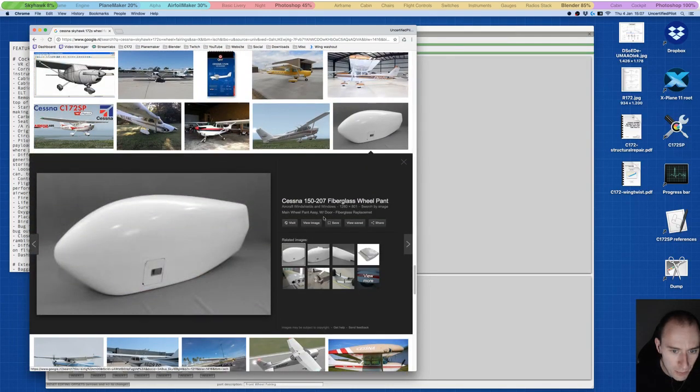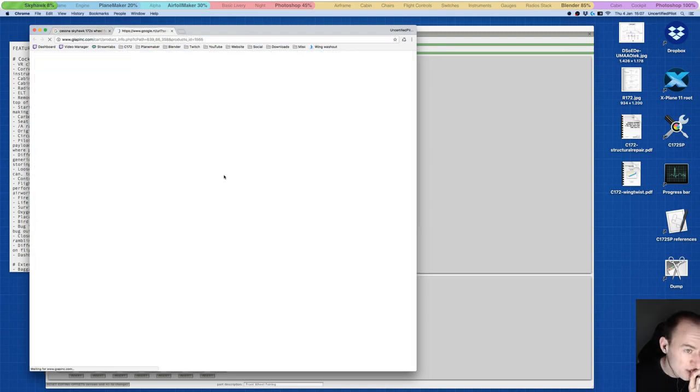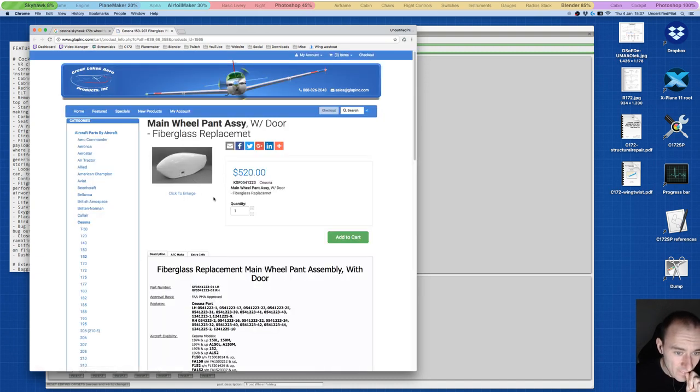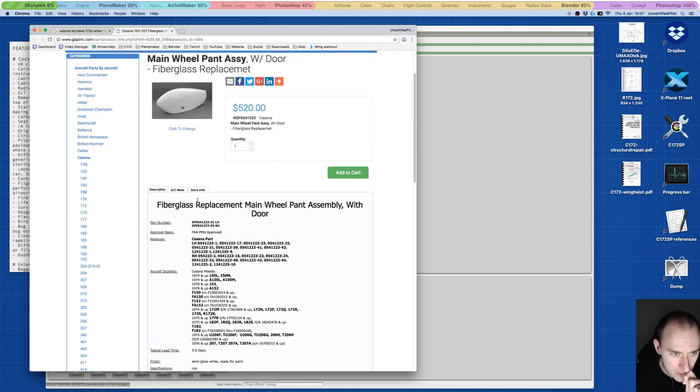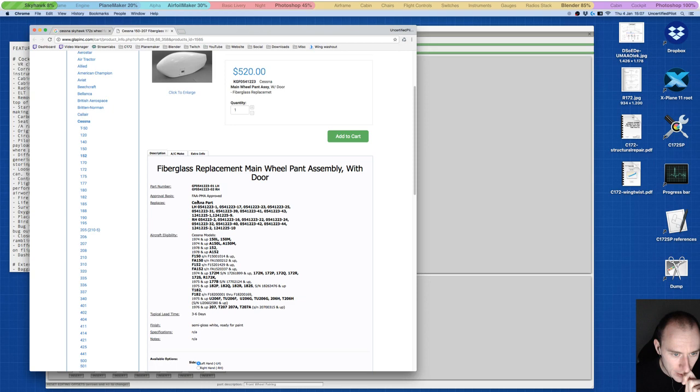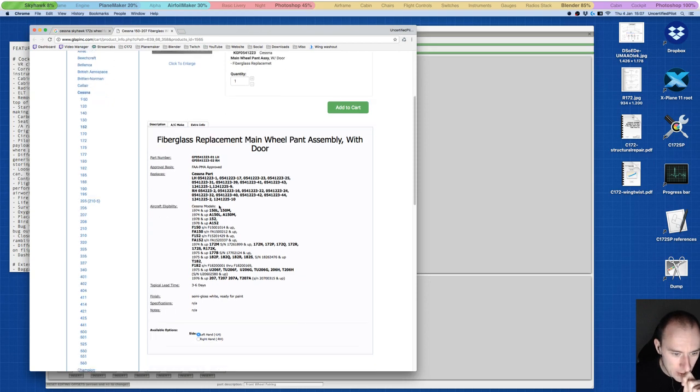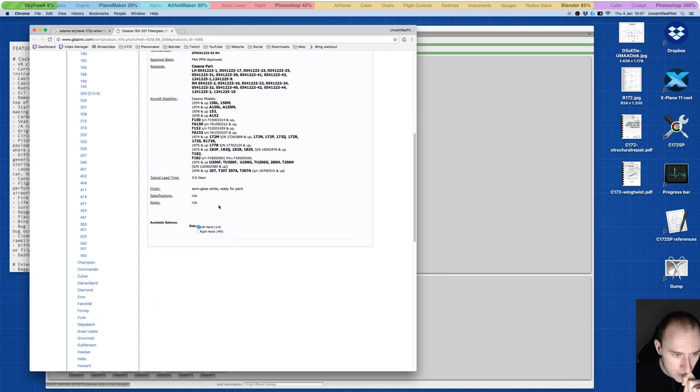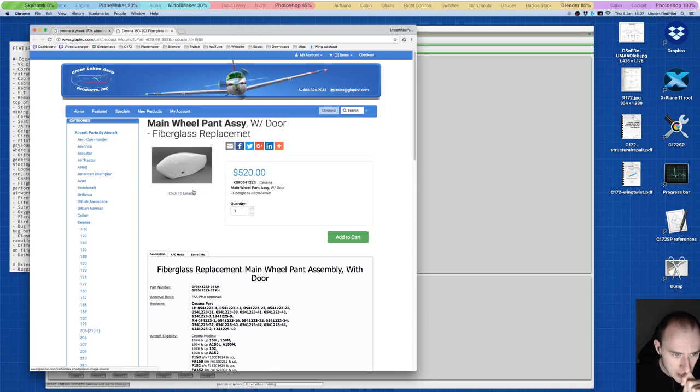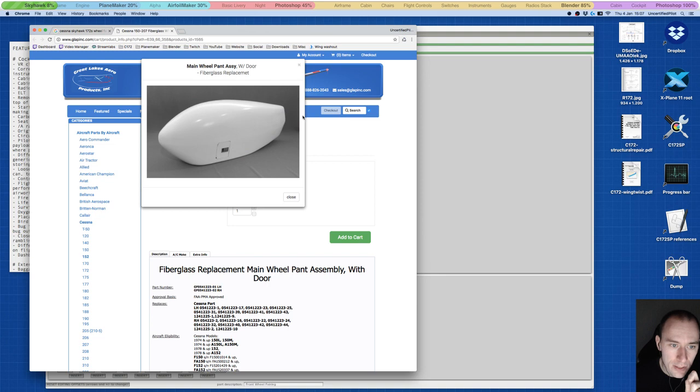Perhaps this is a shop or something like that, and it might provide us with some specs. $520 for a wheel pant. This is for the 172R and also for the S. Click to enlarge.